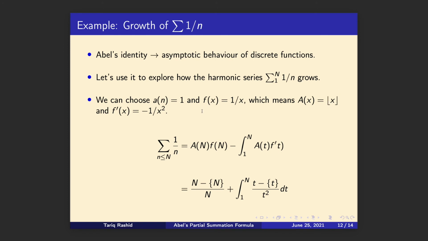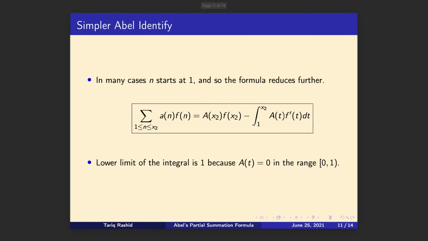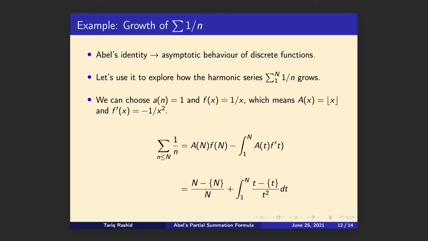And remember, to use the tool, we need the first derivative of f, and the first derivative of f, when f is 1 over x, is minus 1 over x squared. Again, really easy. So let's plug these things into that expression. So we've got the partial sum on the left.